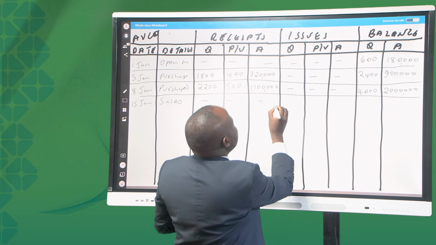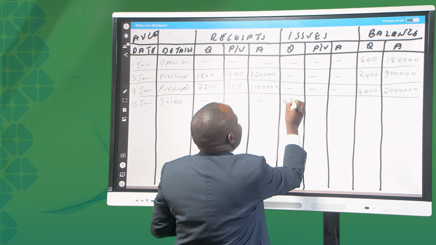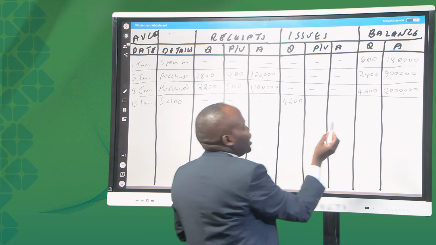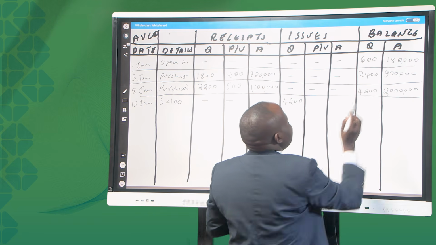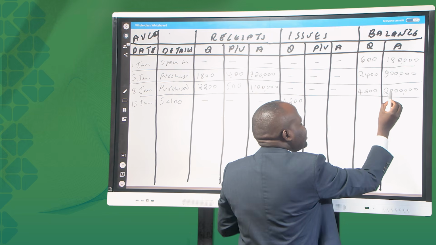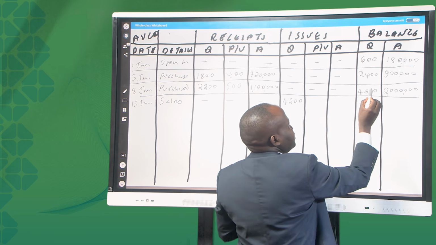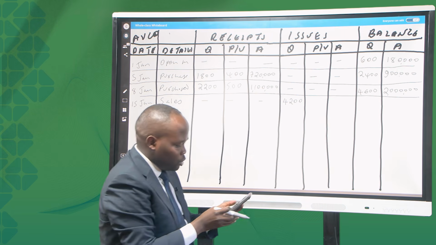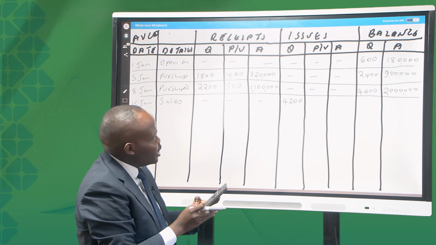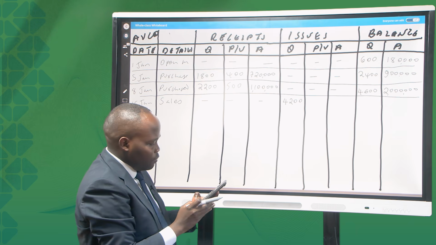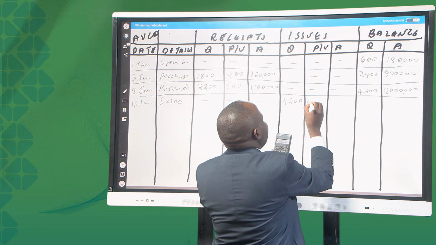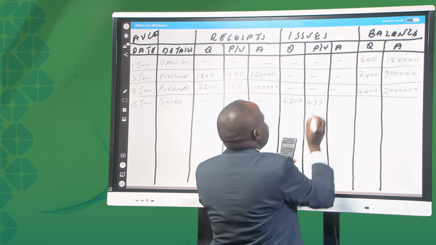We calculate an average price of 2 million divided by 4,600, the amount just before the issue date divided by the quantity. That gives us 435 if I round it off.